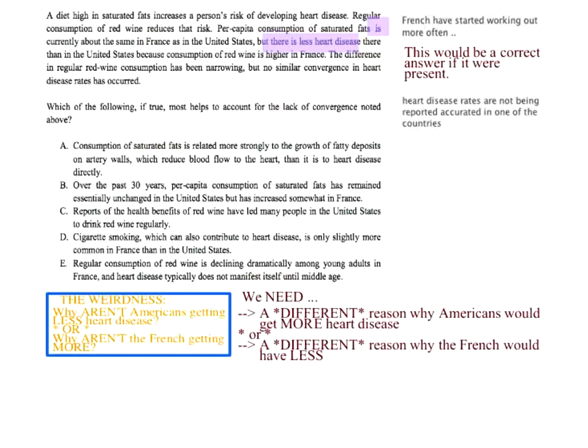So if these were not being reported accurately, then one of those statements would be false, and you're not allowed to make the statements in the passage false. So you can't contradict the passage.